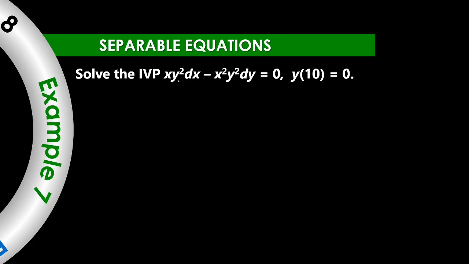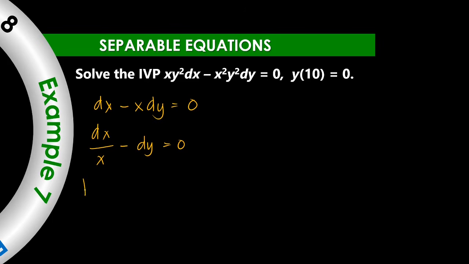So what will be left here is just dx minus x times dy and then equals 0. So I can divide both sides by x, dx over x minus dy equals 0. And finally, I can now integrate.